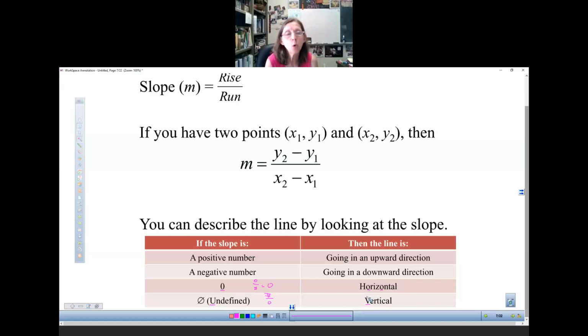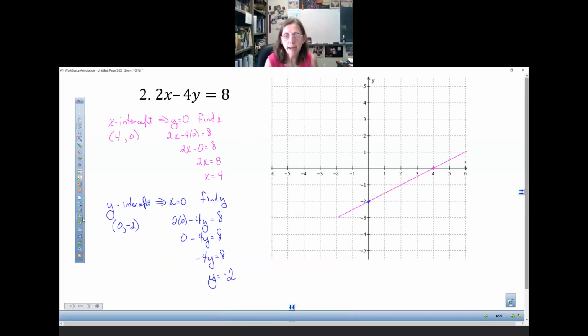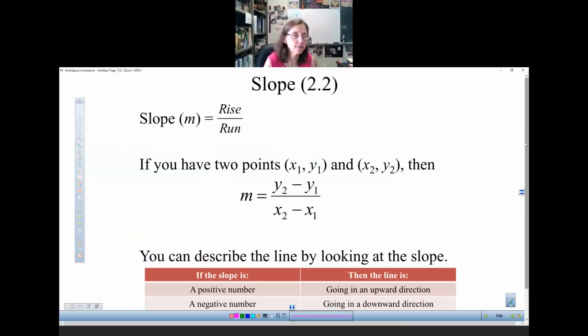So what about these other two? Positive slope and negative slope. We have lines that can do other things. They either go up or they go down. If you're looking at the graph from left to right, and I'm going to backtrack to this one, as I read this graph from left to right, that's how you read, this line is going up. So that line has a positive slope.